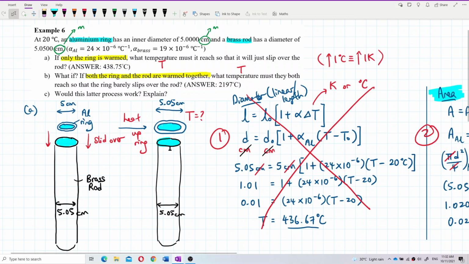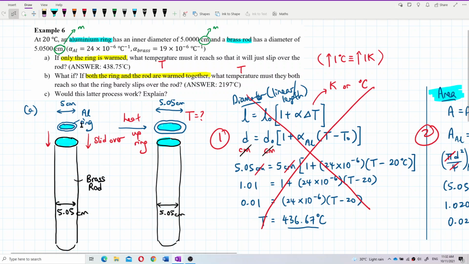So if both expand, will they achieve the same area? Is it possible? Question C, would this latter process work? Explain. For this one you have to refer to the alpha value, the coefficient, the ability to expand.